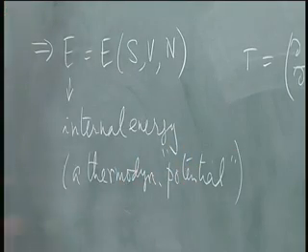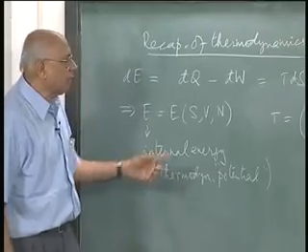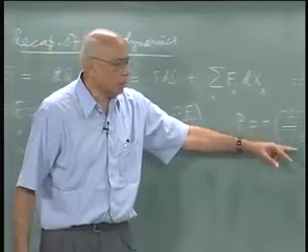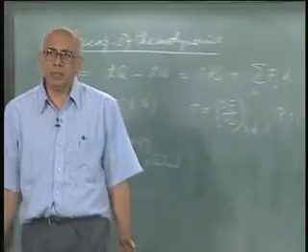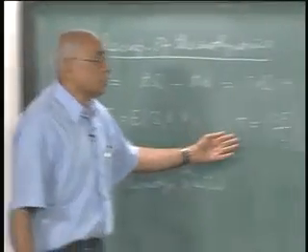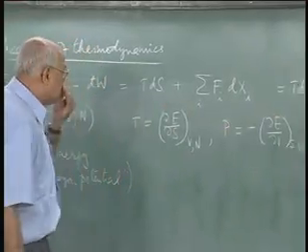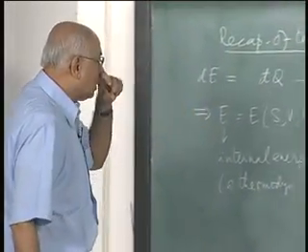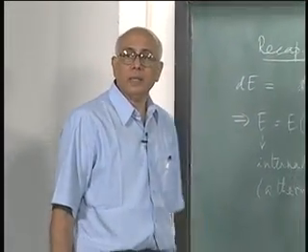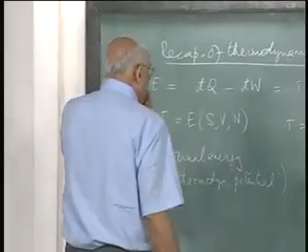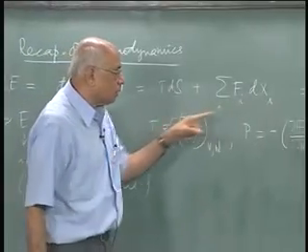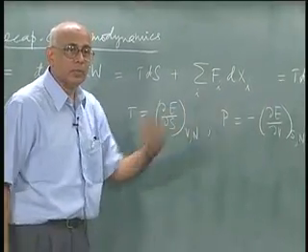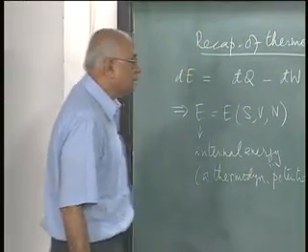The reason the word potential is used is because if I take its derivatives with respect to variables S, V and N, the independent variables, then I get other physical quantities here. So in that sense, anything which you differentiate to get other quantities, from our mechanical analogy where you differentiate the potential with respect to coordinates to get the force, in the same sense if you take derivatives here of this thermodynamic potential, you end up with various physical quantities.